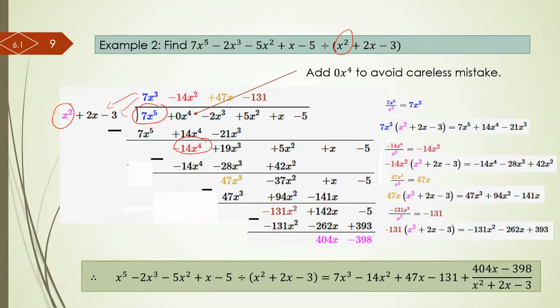You repeat until you can stop. This is degree 5, cannot stop. This is degree 4, this is degree 3, this is degree 2, and this is degree 1. Finally, degree 1 is less than degree 2, so you can stop here and rewrite this.